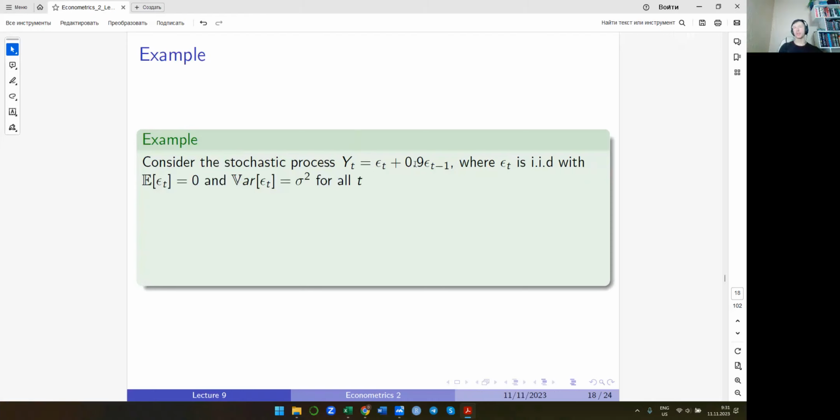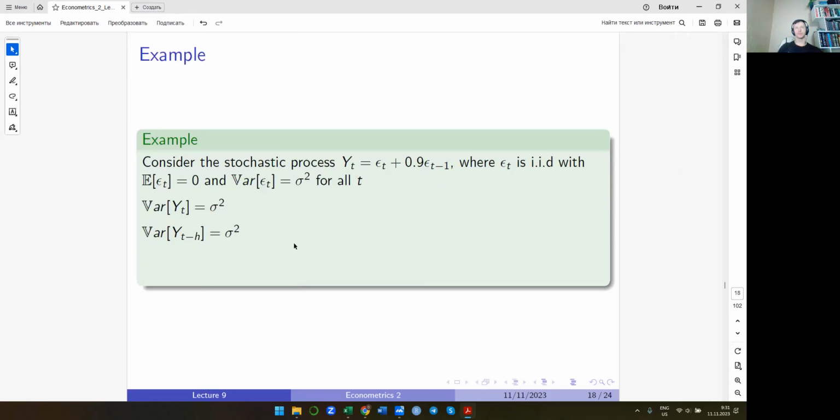Well, going back to our process. If we have this process y_t, which is epsilon_t plus 0.9 epsilon_{t-1}, we know the variance of y_t is sigma squared. The variance of y_{t-h} is also sigma squared.